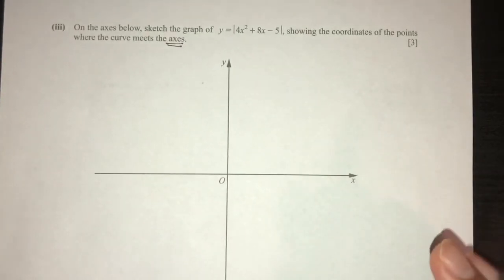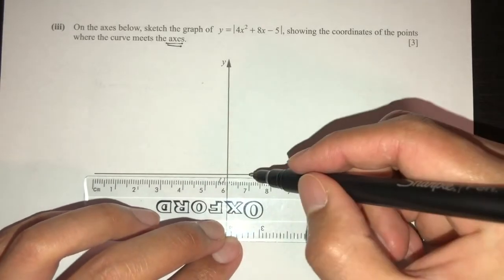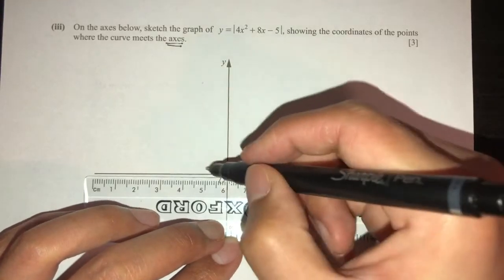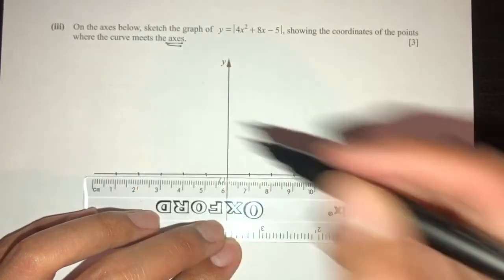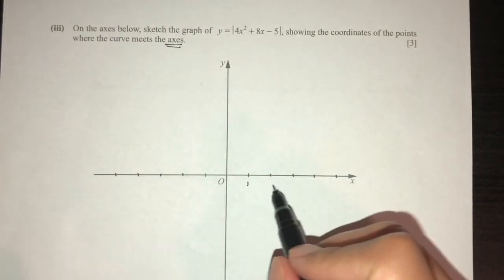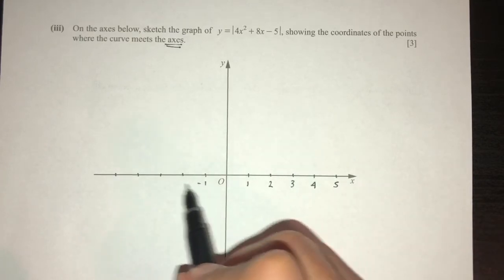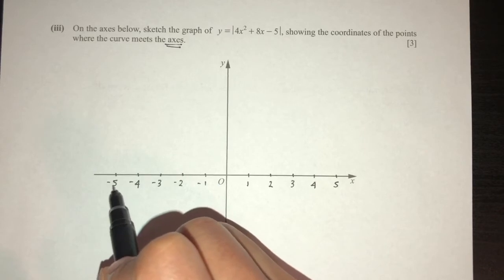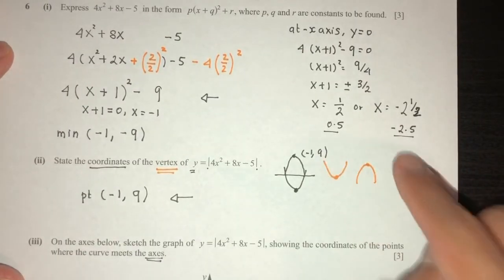So let's go back, and then now you have to label the axis. So let's label them. So this is 1, 2, 3, 4, and 5, minus 1, minus 2, minus 3, minus 4, and minus 5. So the first 2 points we know on the x-axis will be 0.5 and minus 2.5.